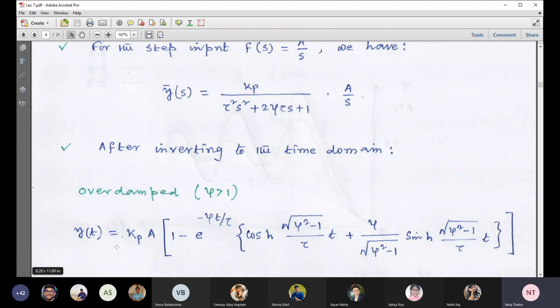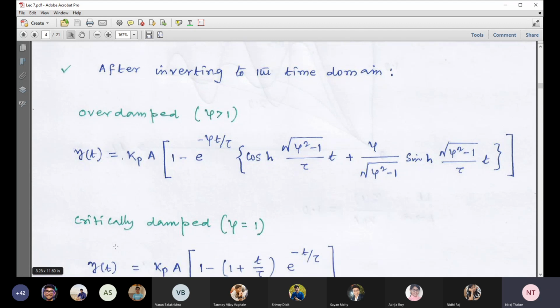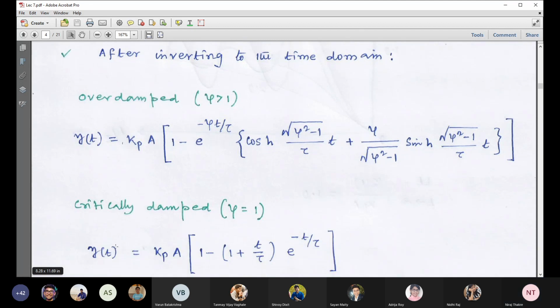Now if you consider the next case, that is the critically damped system, zeta equal to 1, then we get this type of response.